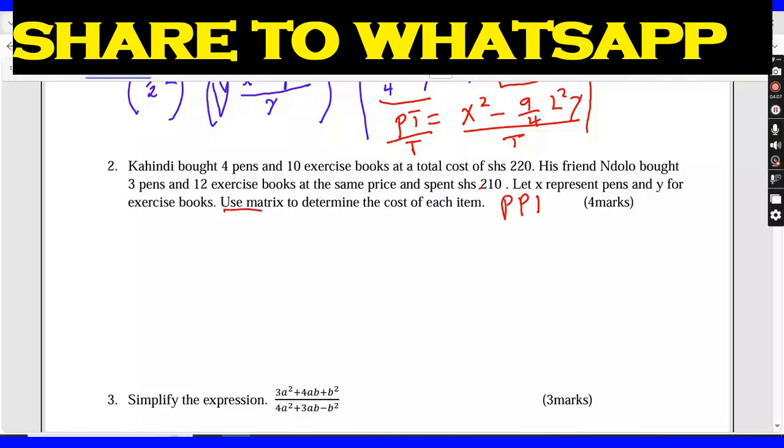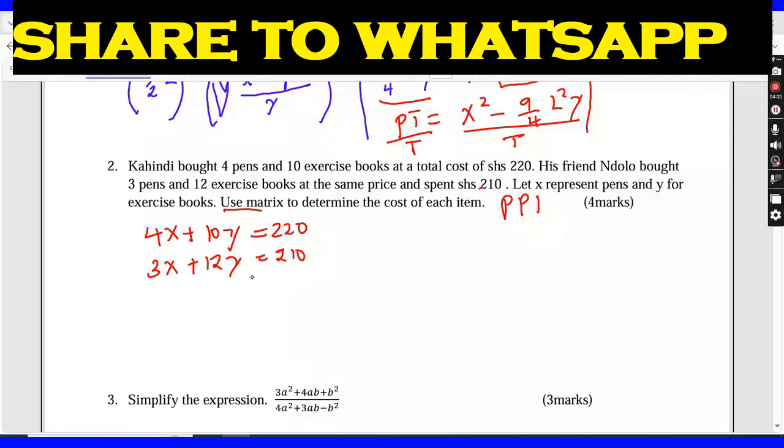First, make sure you write the equation, using x to represent pence. So we have 4x plus 10y is equal to 220. Then 3x plus 12y is equal to 210.